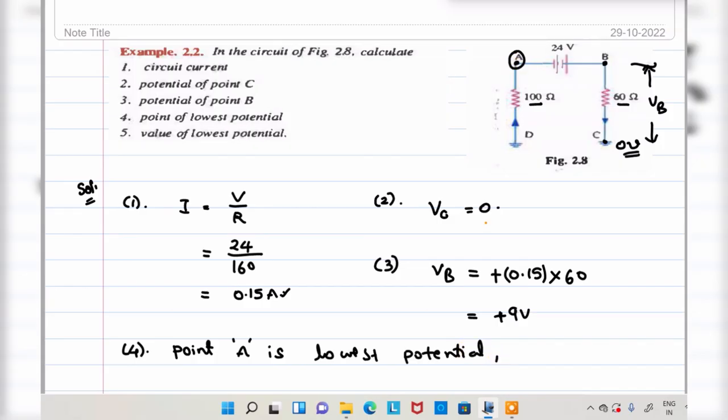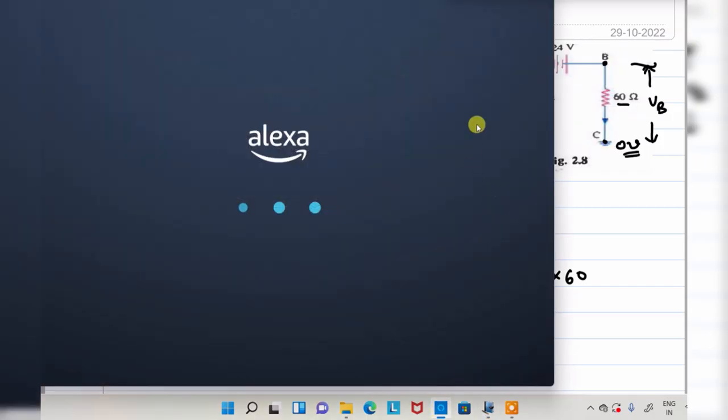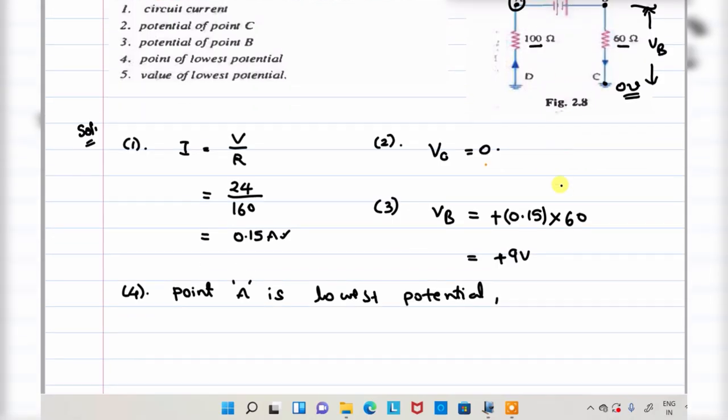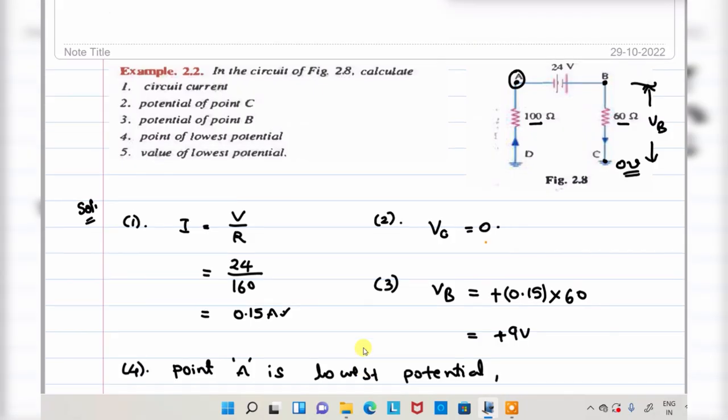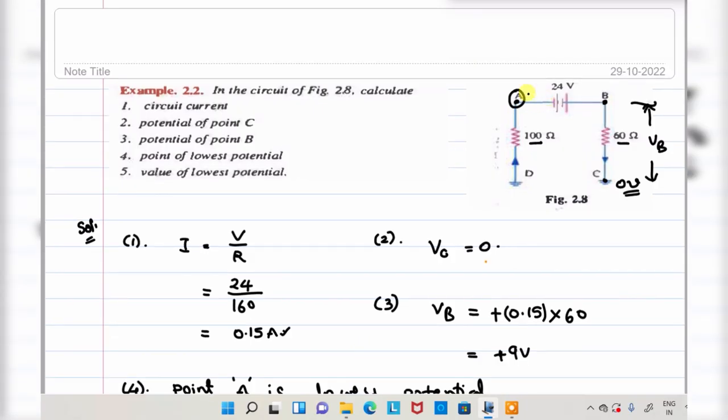Because at potential VA, if you consider potential VA with respect to D, it is minus 24 volt. Negative is connected here now.